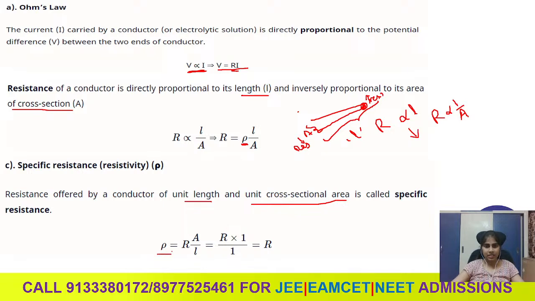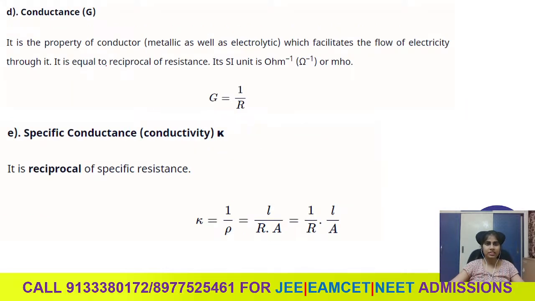Specific resistance is equal to R into A by L. If both are unity, the specific resistance is equal to the resistance. And next we can see conductance. What is conductance? It can be denoted by C or by G also. It is the property of the conductor.